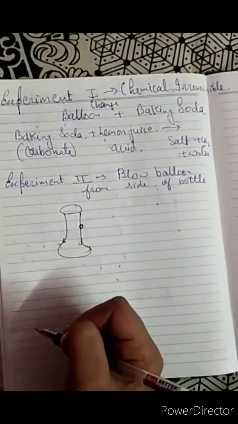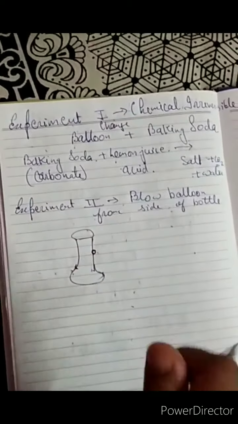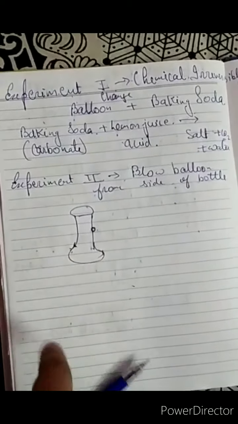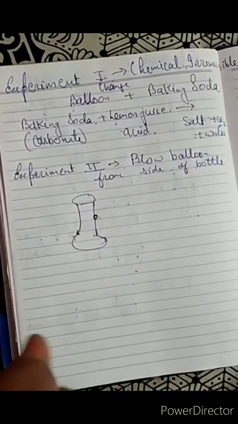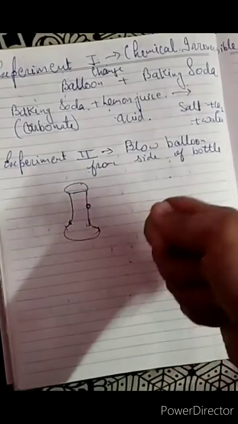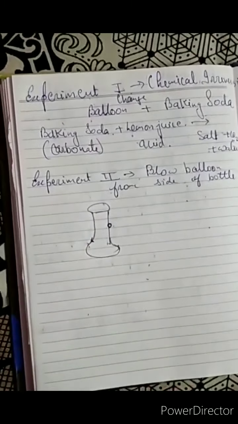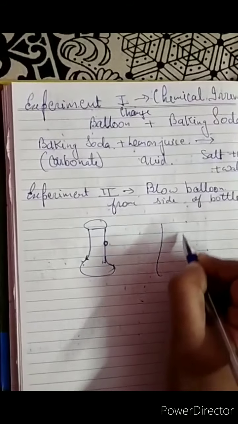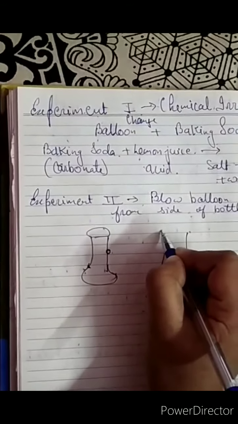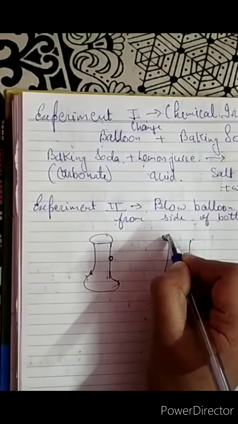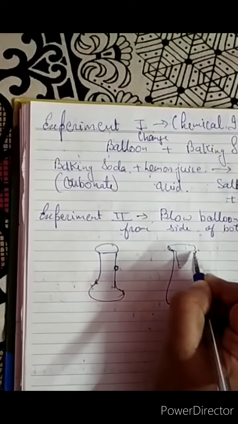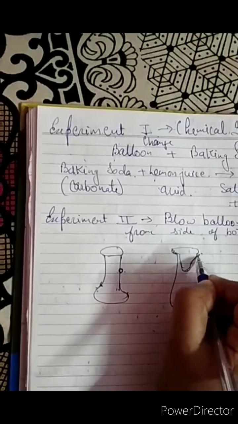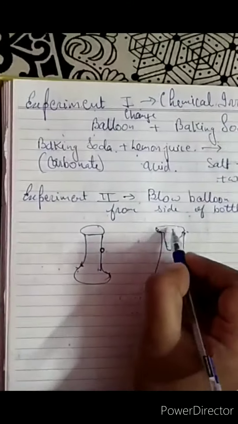Okay, I did this since I wanted to pierce it and I don't have a drilling machine, so I just used this technique. I heat the nail on my burner and just pierce the hole. I showed you this technique in the video also. So now the bottle has one hole in it, and this is my balloon.